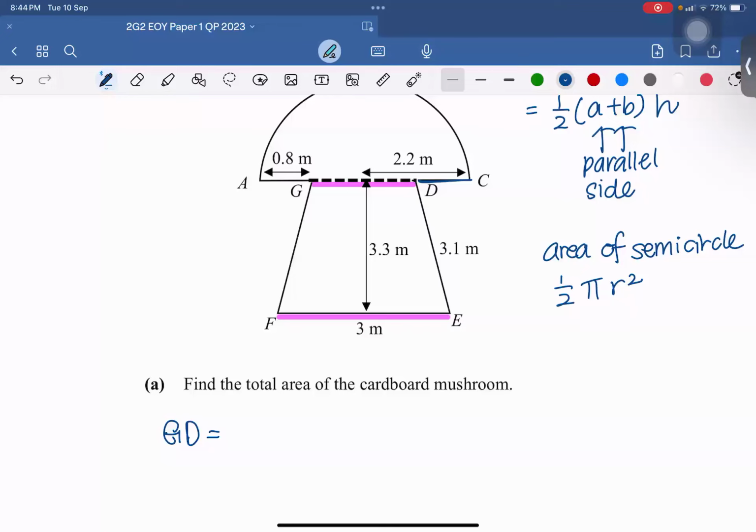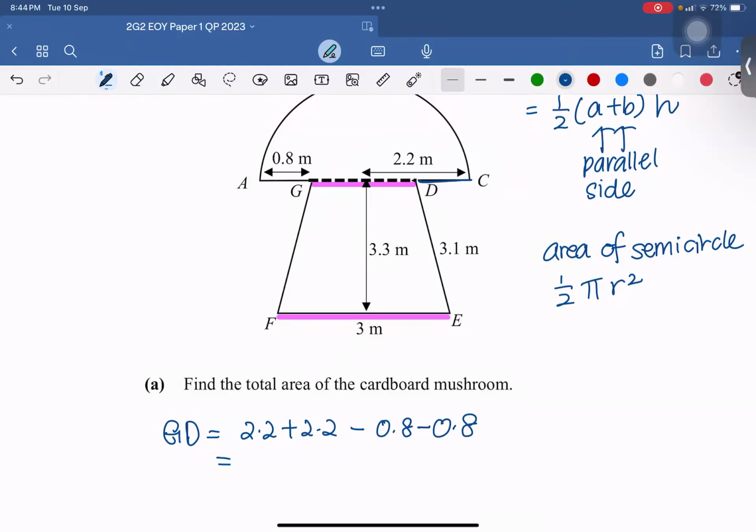I must find the two parallel sides. 2.2 plus 2.2, the whole thing, minus away the 0.8, minus away the 0.8. So this one will give me what number?